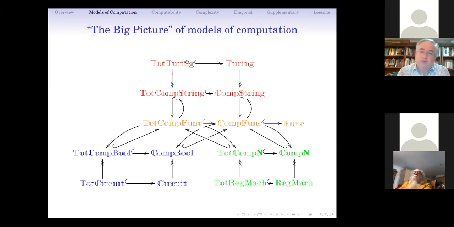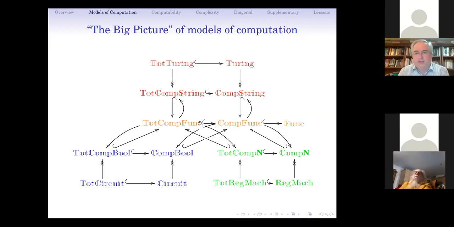For those of you who know the literature, Sipser uses Turing machines. Davis and Weyuker use register machines. Cormen, Leiserson, and Rivest, when they talk about NP-completeness, talk about circuits. A lot of people talk about circuits. Arora and Barak, in their complexity book, talk about circuits. So everybody talks about different things, but again, they are all in some sense equivalent, and we have to talk about that, and they all describe elements over here.